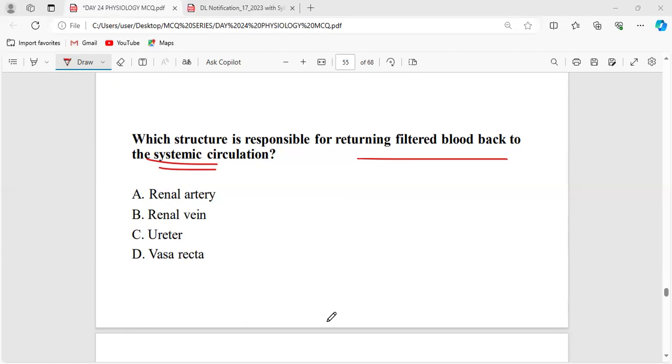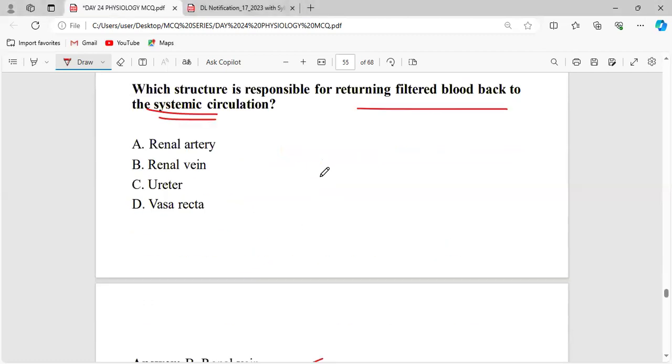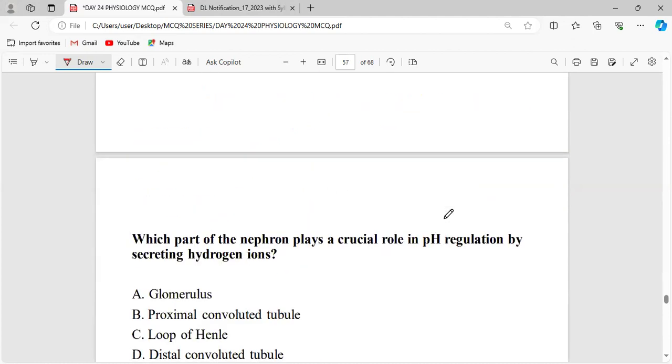Option D. Renal vein. See, the renal artery is the one taking the blood to the kidney, and the renal vein will be taking the blood from the kidney, right? There is a difference. Don't confuse these structures.